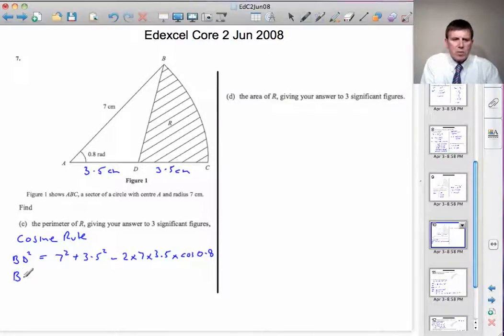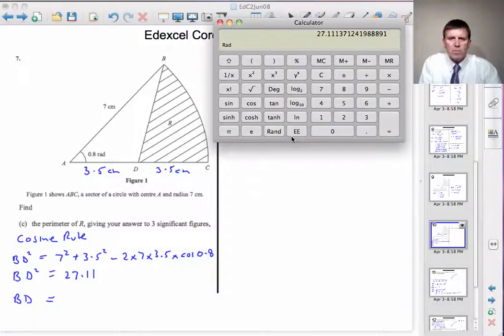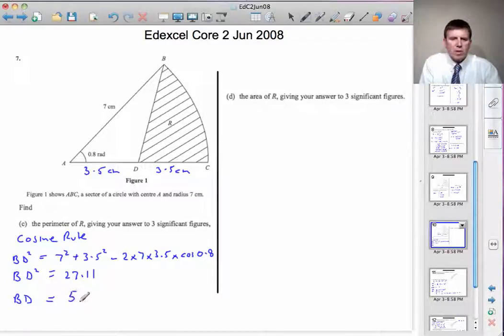So BD squared is 27.11. So BD is the square root of that number, which is 5.21 to 3 significant figures. So it's 5.21 centimetres. So the perimeter is this 5.21 plus the 3.5 plus the 5.6.